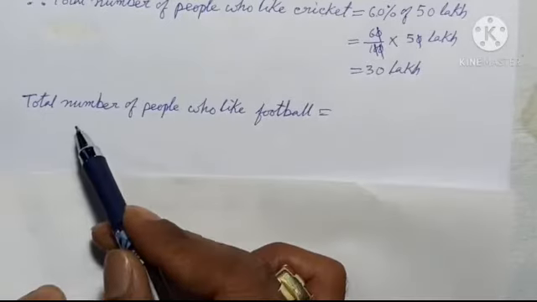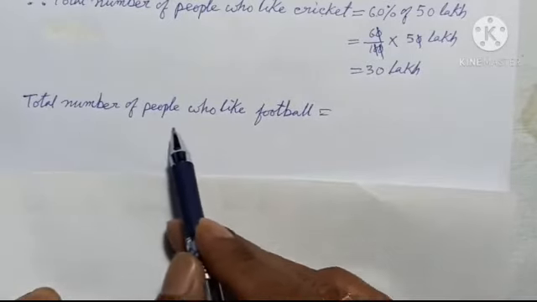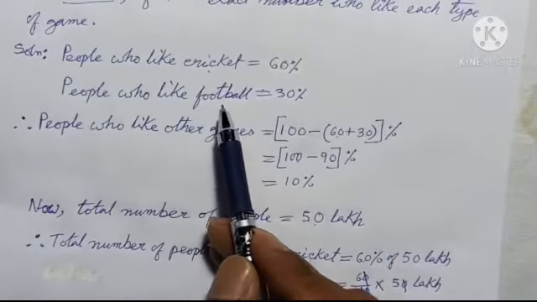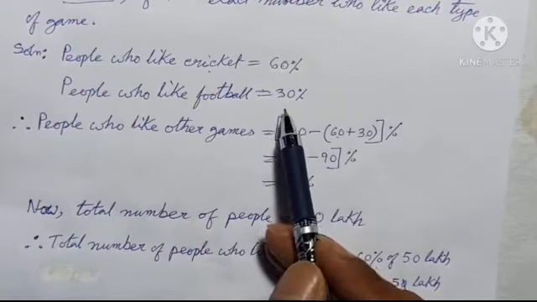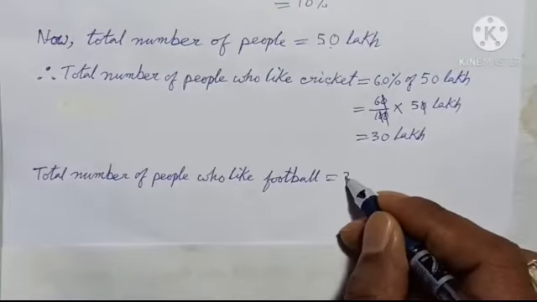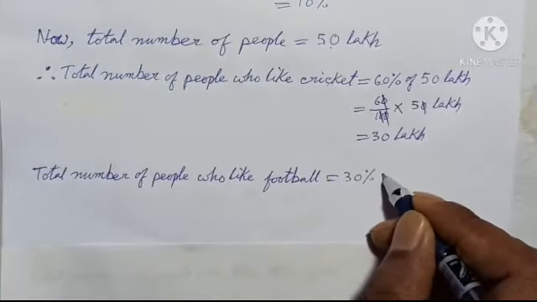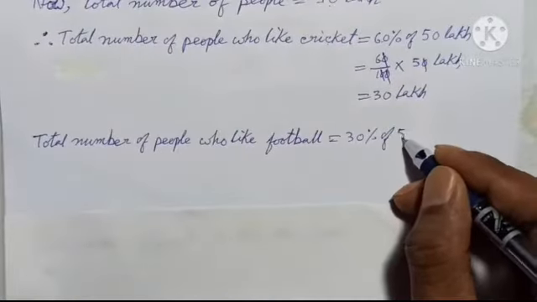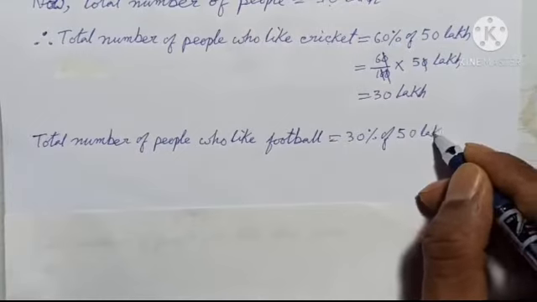Next, total number of people who like football. The percentage of people who like football is 30% of the total number of people, which is 50 lakhs. Let us calculate this.